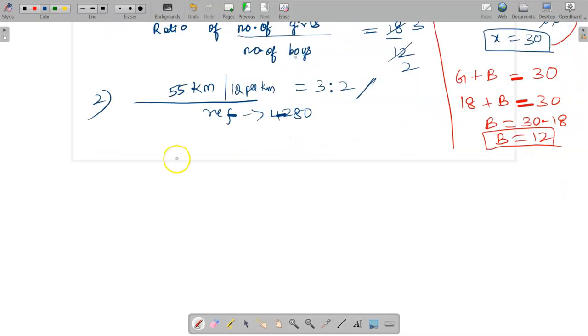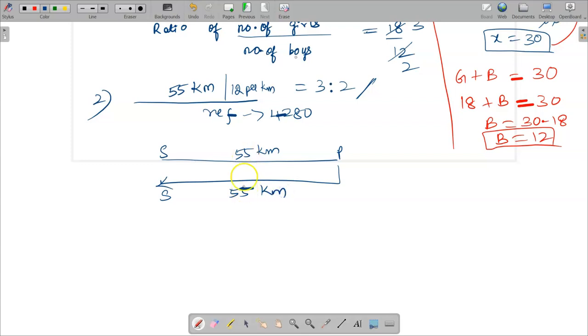So first of all, when they are going from one place to another, it is 55 kilometer from school to picnic. Again from picnic to school, they have to return back, right? That is also 55 kilometer. So totally they are traveling 55 kilometer plus 55 kilometer.